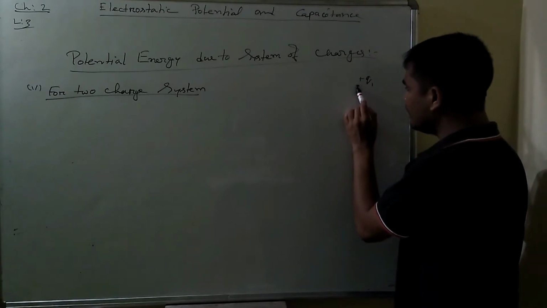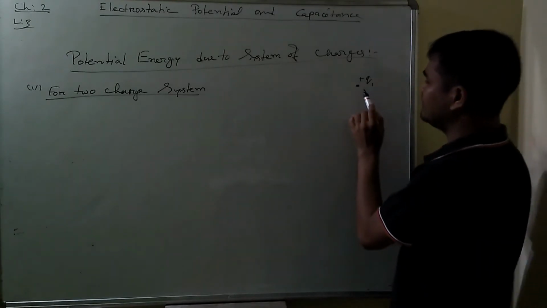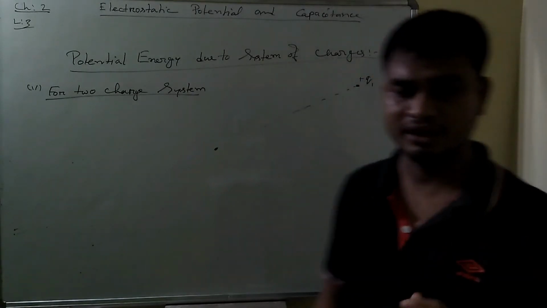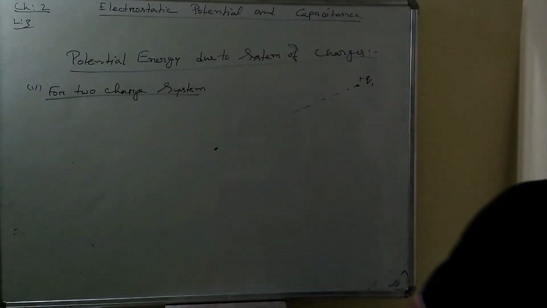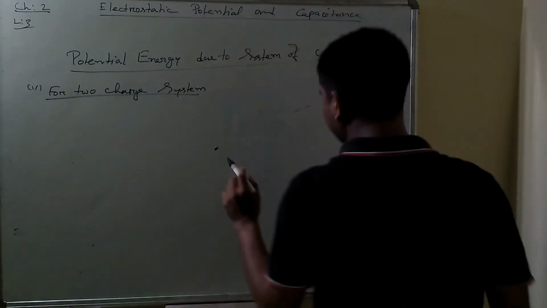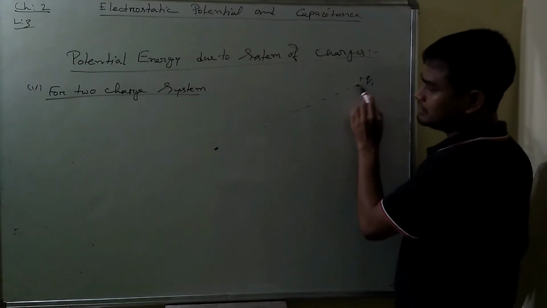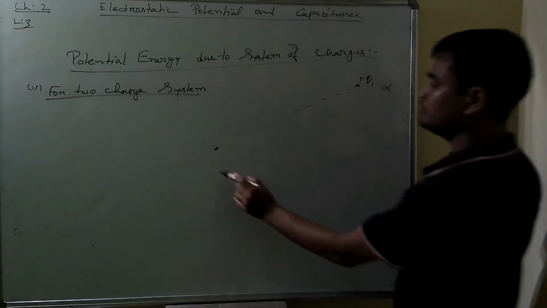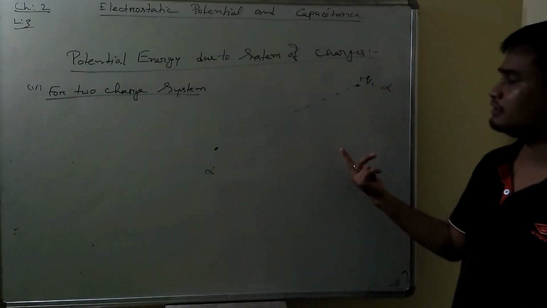Now we have to move this plus Q1 charge from this position to this. This is at infinity. This is also infinity because there is no charge. Clear?